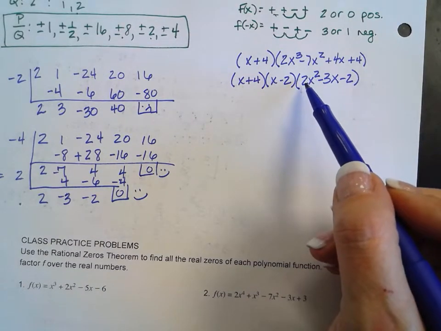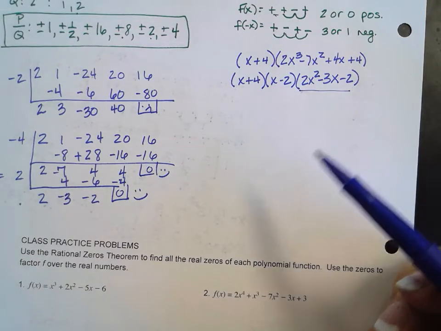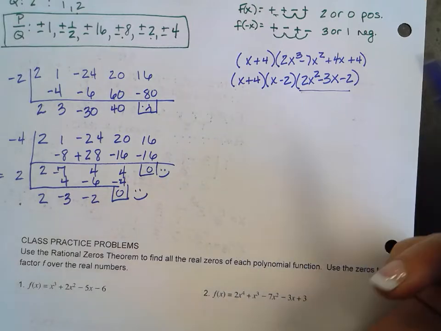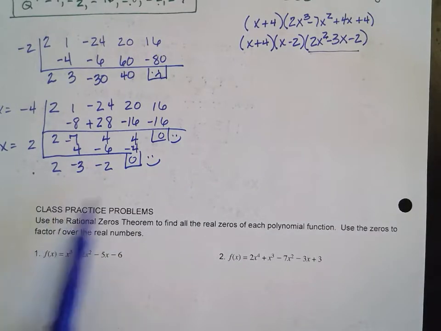You have 2 choices at this point. You can do your slide and divide or split the middle or whatever else you do with your quadratics. Or you can keep doing the synthetic and guessing. What do you want to do?